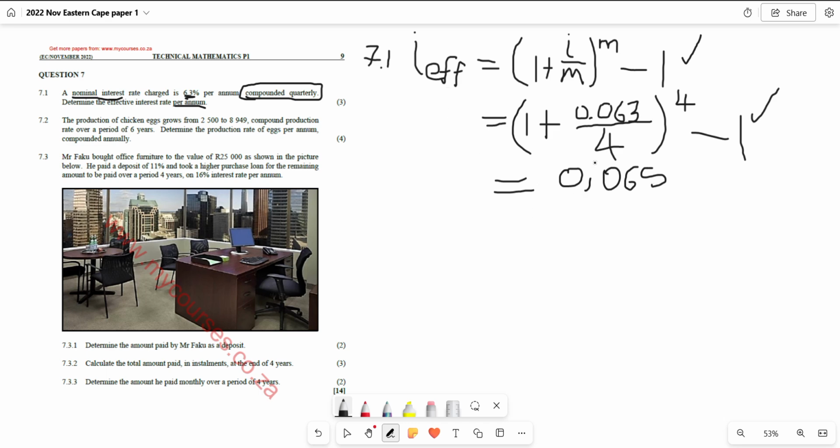Therefore, the effective interest rate must be in percentage. The one that we have here is in number form. Then we must convert it from a number to a percentage. That's why here we must multiply that by 100%.